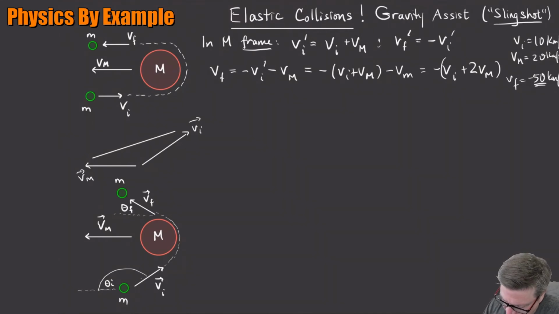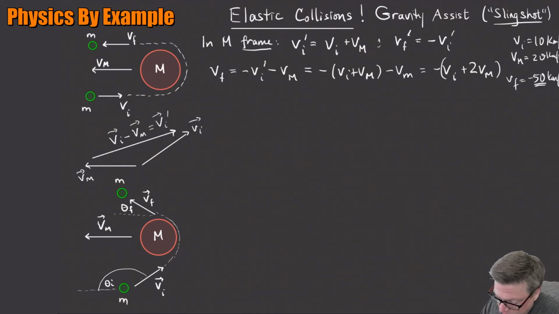Remember how vector arithmetic works. This is VI minus VM, and that is VI prime. That is the velocity in the planet's reference frame. Notice that works. Look at the example we had up there, where VI was going only to the right. If VI is going only this way, then if I subtract those two, I'm essentially adding them, and we're back to what we had up here, right?